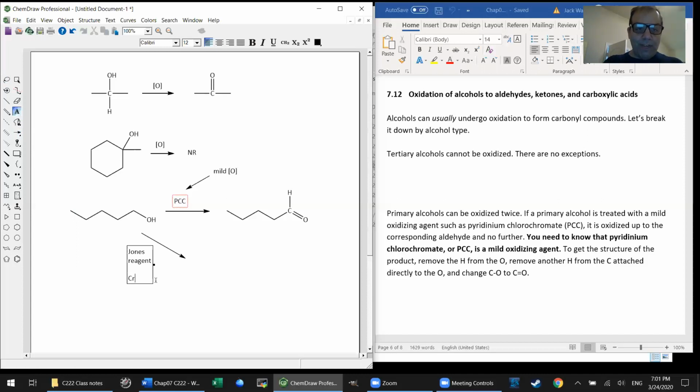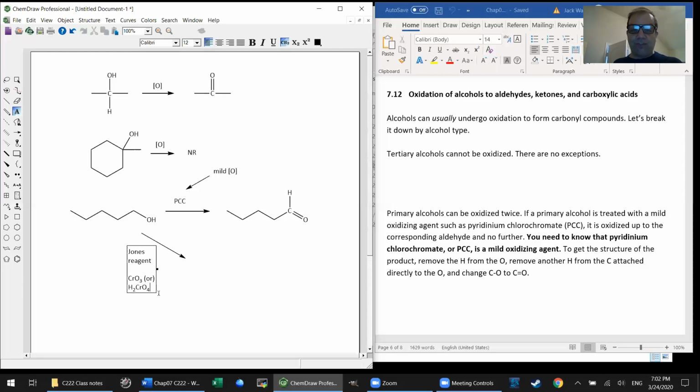You might see it written as chromium 6 oxide, CrO3, or you might see it written as H2CrO4, chromic acid, which if you think about it, it's pretty easy to see where we get H2CrO4 from. If you subtract CrO3 from H2CrO4, I think you'll be able to convince yourselves that you get H2O. And so chromic acid is just what you get on adding water to chromium 6 oxide.